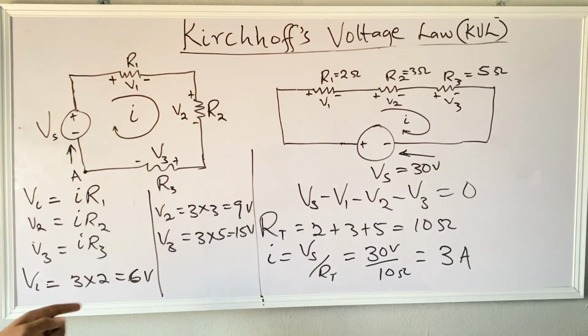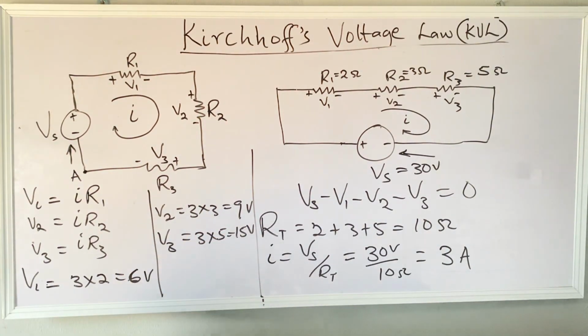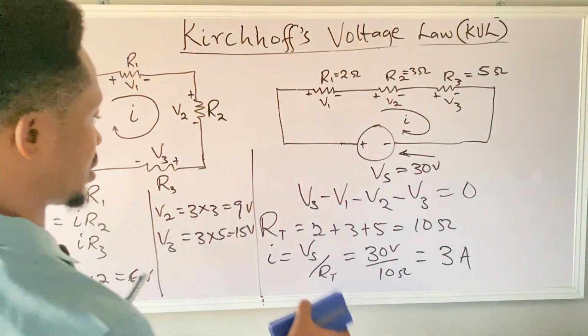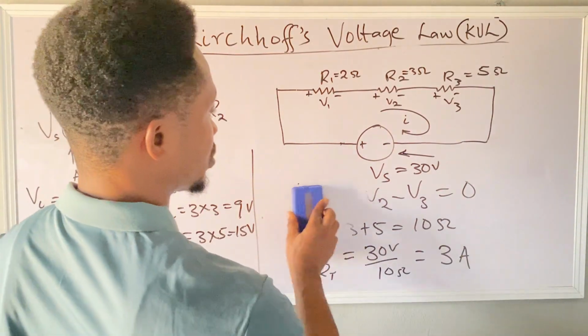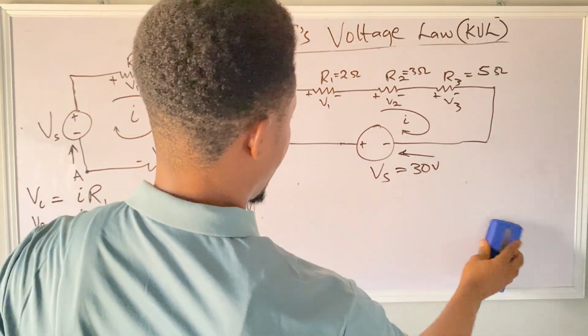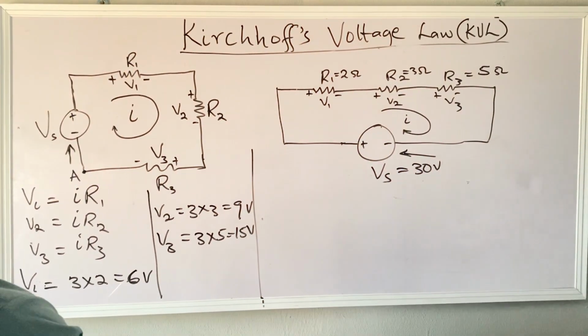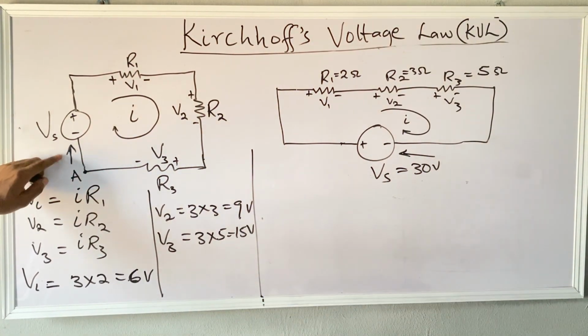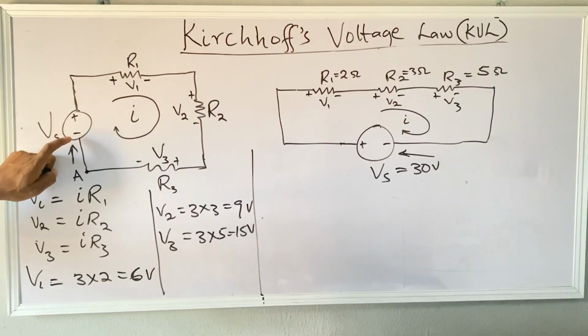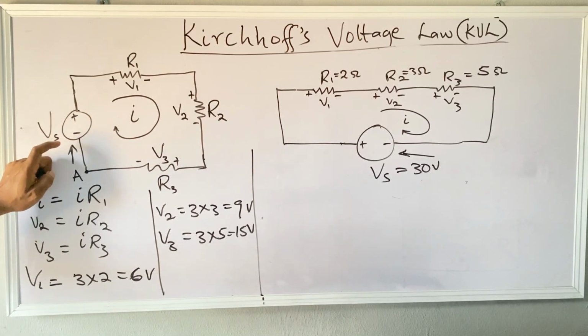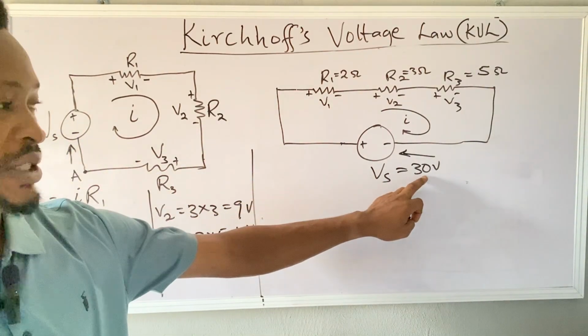Now we've gotten 6, 9, and 15. Now let's use our first method to confirm whether we are right or wrong. We are going to take the first sign, which is negative. Remember, Vs is 30 volts.